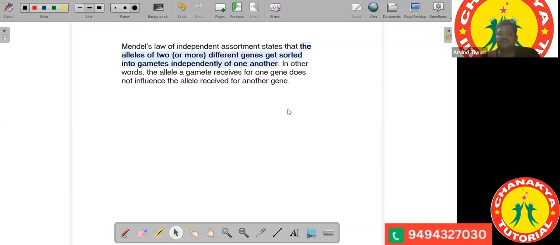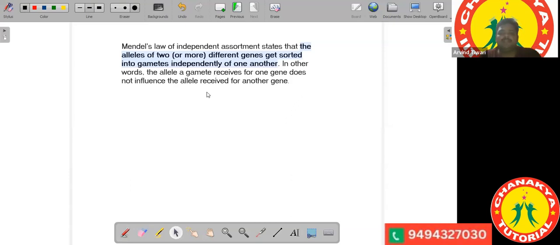It's not applying for the monohybrid crosses, as over there it's only one characteristic. Here we have two characteristics. So this was your law of independent assortment.